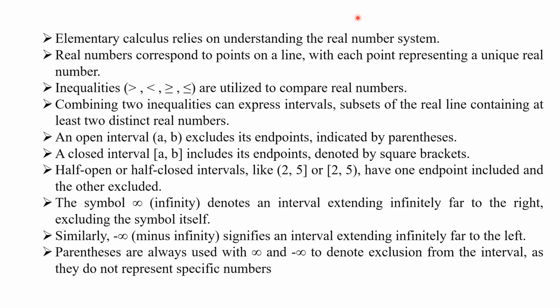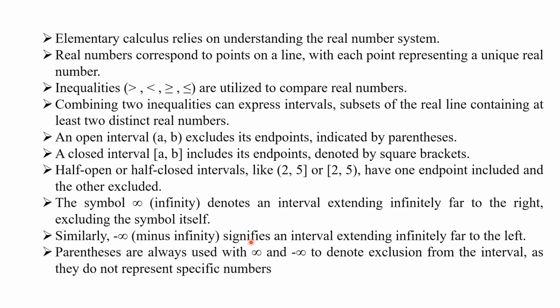Here 2 is excluded and 5 is included. Here 2 is included and 5 is excluded. So these two intervals are half open, or we can say half closed, intervals. Positive infinity denotes extending infinitely far to the right, excluding the symbol itself.